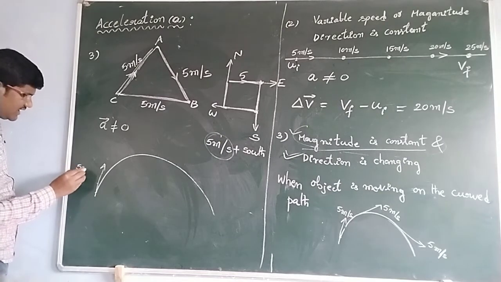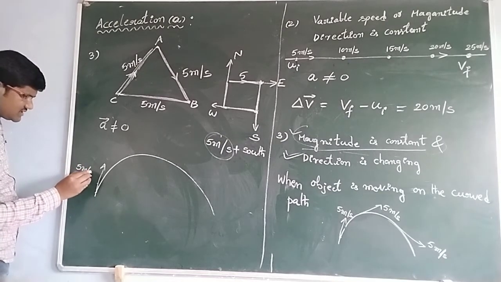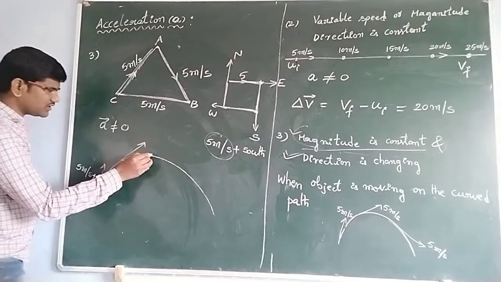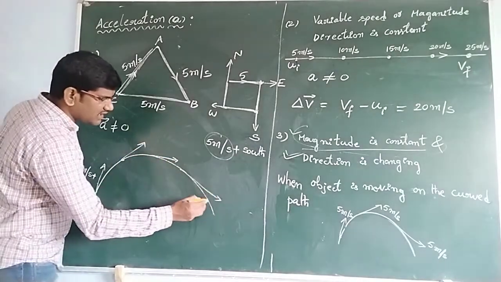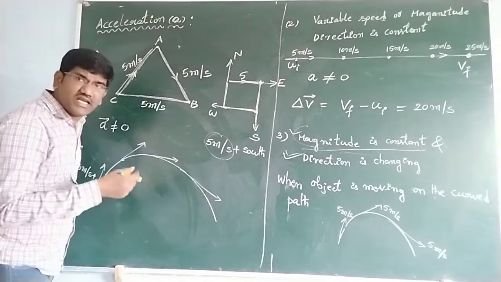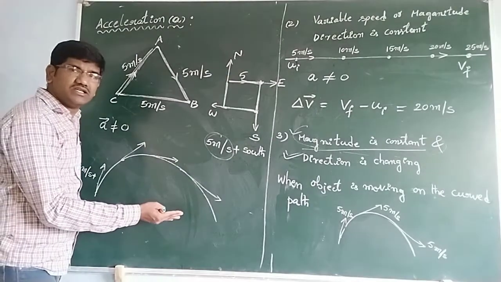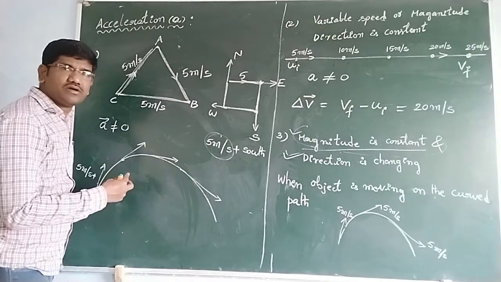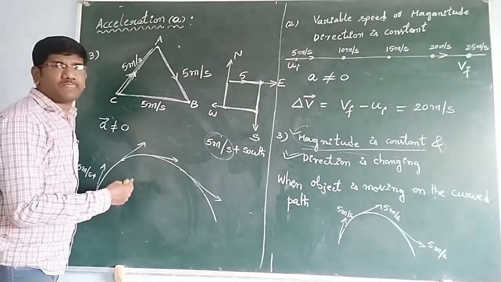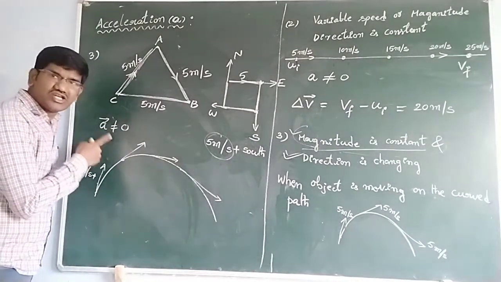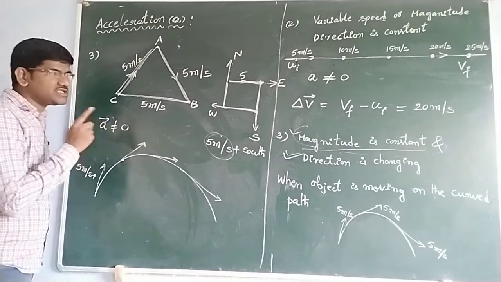So 5 meters per second is the speed, plus I add a direction, and here also direction, here also direction. On this curved path, direction changes from point to point. That's why there is a change in velocity, even though the magnitude of velocity is constant. So we have a non-zero acceleration. A is not equal to 0 in this situation.